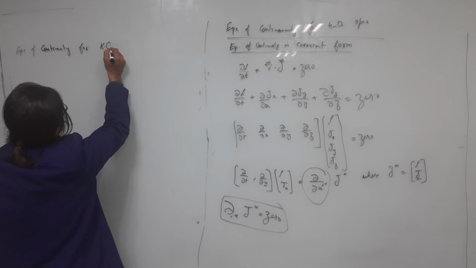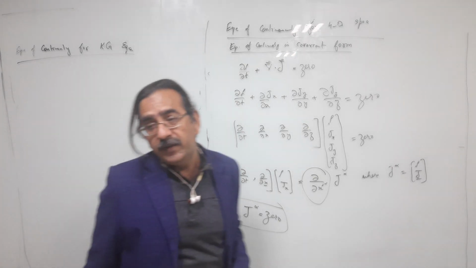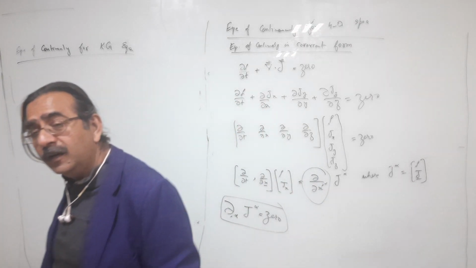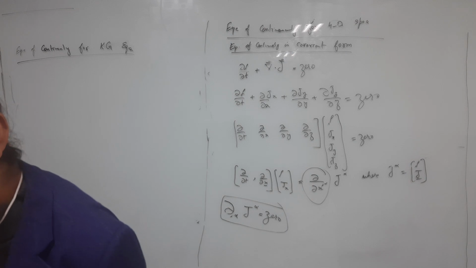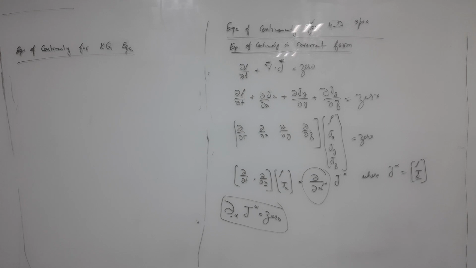Now we have to derive it, as we have done in the Schrodinger wave equation. Full form: Klein-Gordon equation. How will we find it? We will repeat the same procedure as we did in the case of the Schrodinger wave equation. Firstly, write the equation. What is the equation? KG equation.